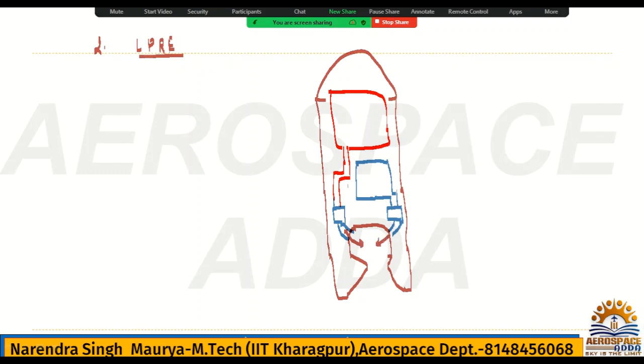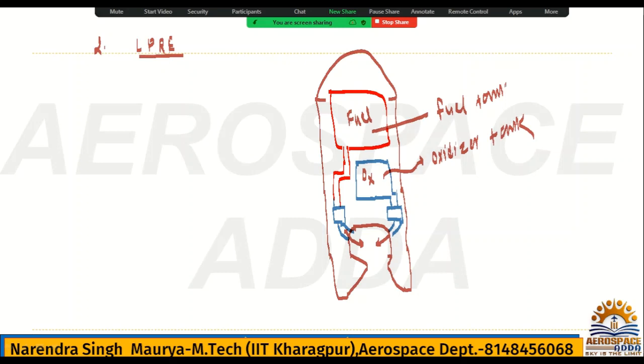So this is the oxidizer, I can say the oxidizer tank. And this is the fuel, the fuel tank.